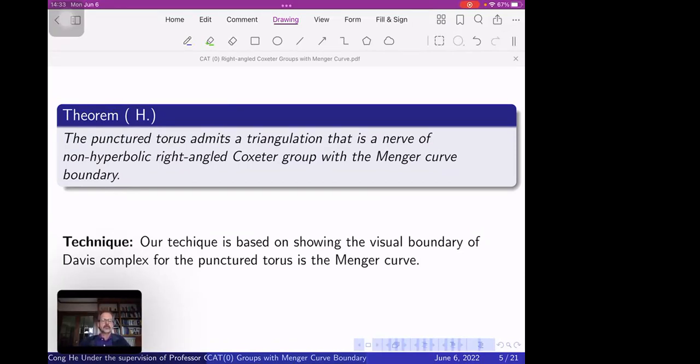At the end of the talk, I will show you a concrete triangulation. But firstly, I would like to tell you the rough structure of our idea. So firstly, I would like to introduce the definition of the Davis complex.